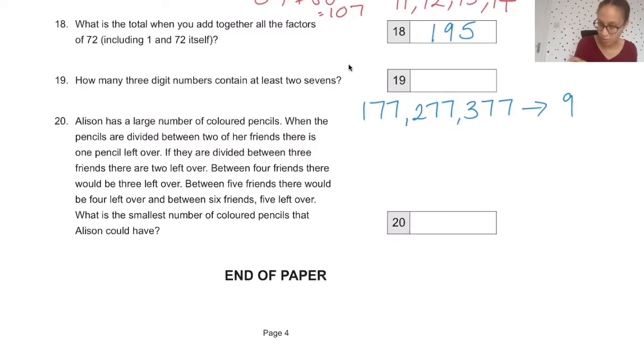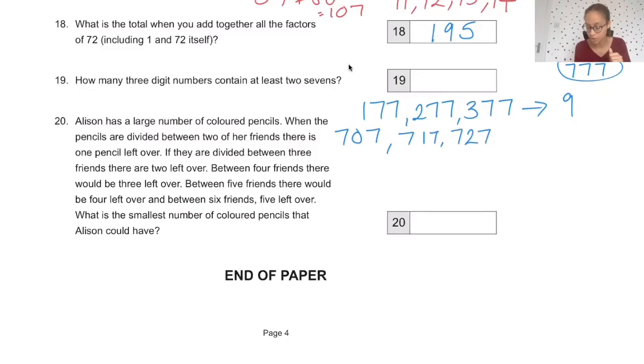Now, remember, that includes 777, which is going to come up later. So we need to make sure that we factor that into our calculations. Next, let's think about numbers in the 700s. So 707 will have 2 sevens, 717, 727, and so on.